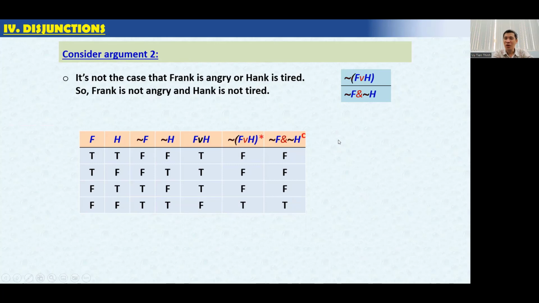In the exam, you are going to see the star like this for the premise and super C for the conclusion. But very often I just have another table to make it easy to see. What do you think? Valid or invalid? When all the premises are true, the conclusion must be true.